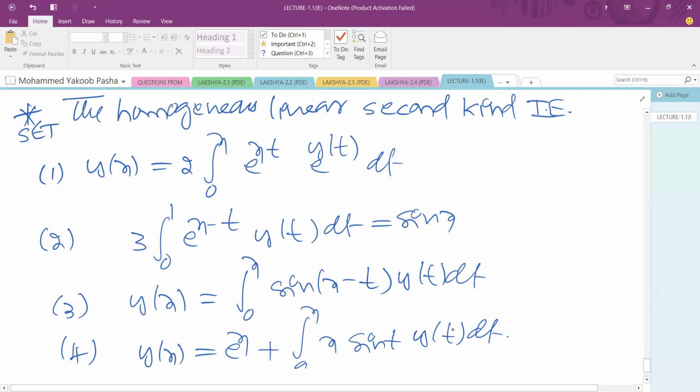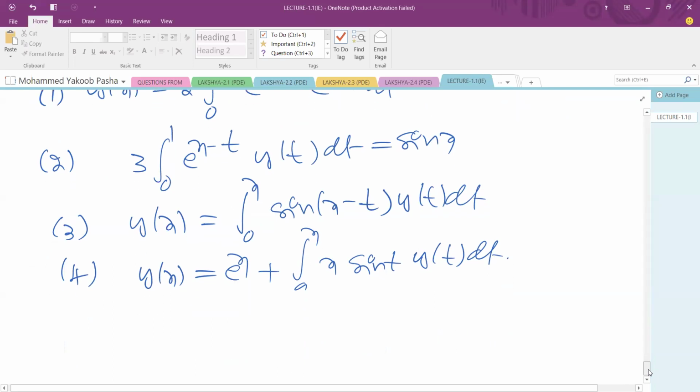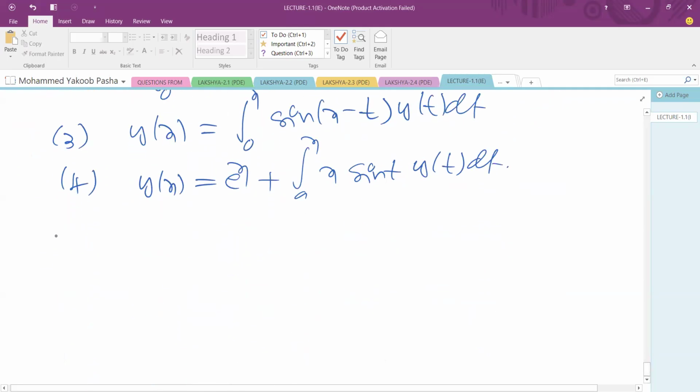First, you can see the question here. The question has homogeneous, linear, second kind. First, see homogeneous. What is the meaning of homogeneous? Homogeneous means f of x is 0.